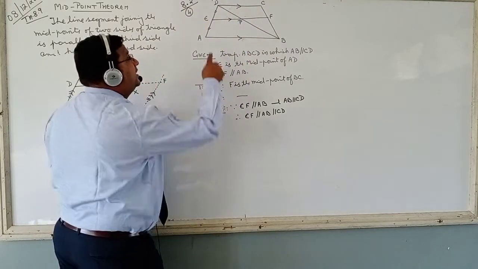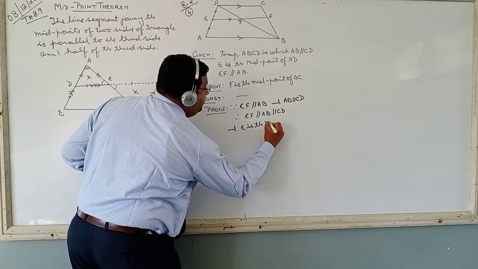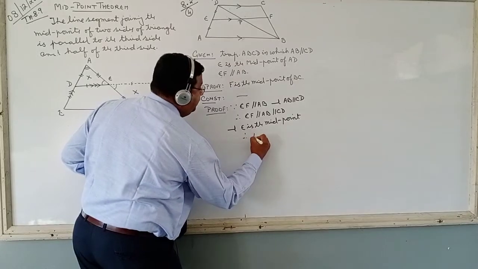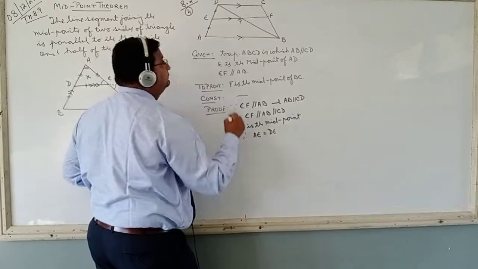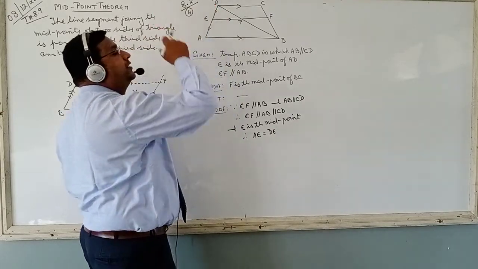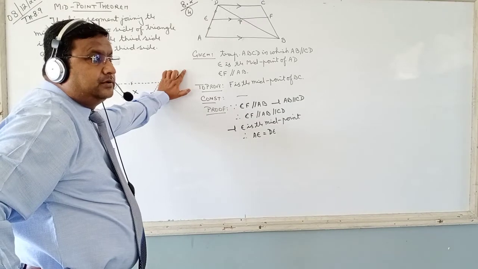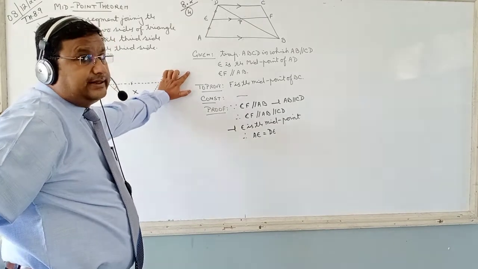Then what is given? E is the midpoint. So therefore AE is equal to DE. Right? Now observe. This question is again there in class 10th.